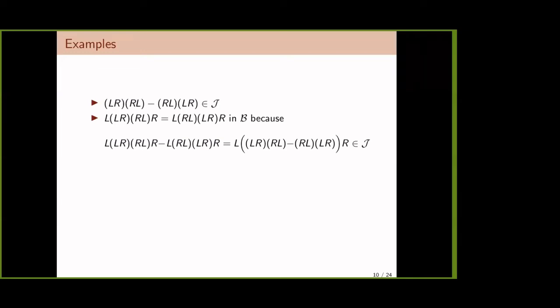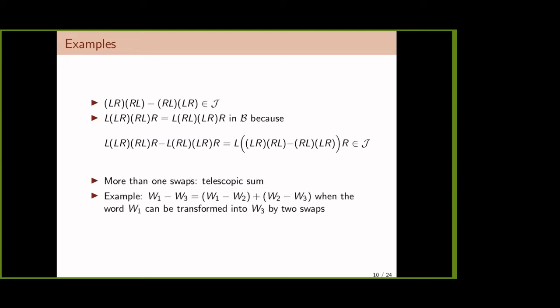So that will be in the ideal. And then something related. In the previous example, I did one swap. I swapped this LR and RL. But if I do more than one swap, this corresponds to a telescopic sum.